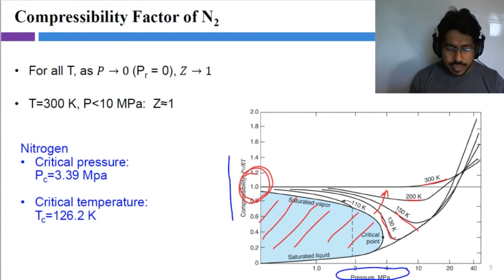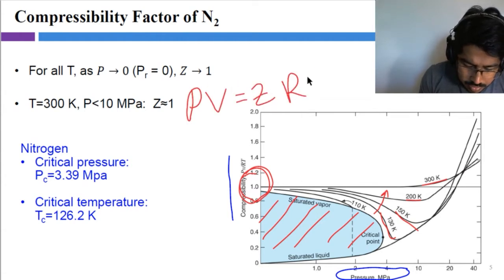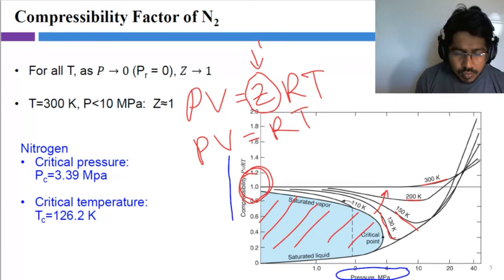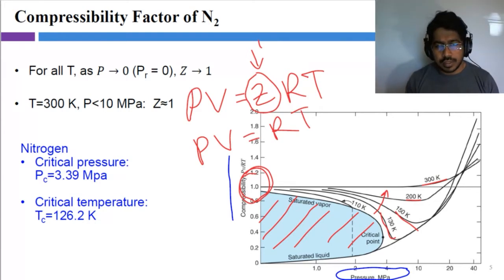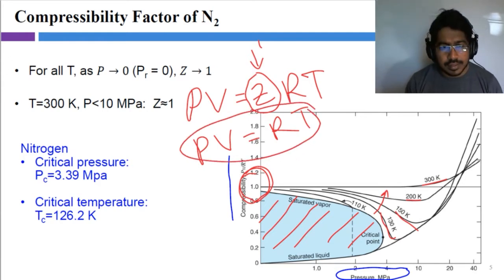Yes, it becomes very close to ideal behavior, right? So PV equals ZRT, right? When Z becomes 1, our equation turns into PV equals RT. This is the ideal gas equation, right?